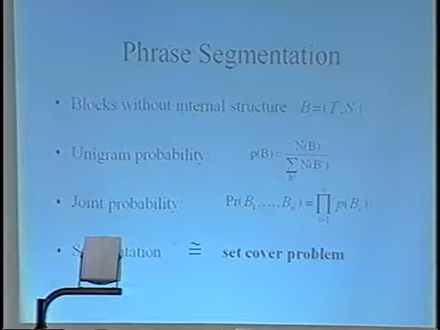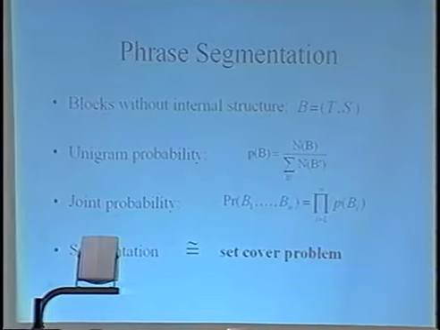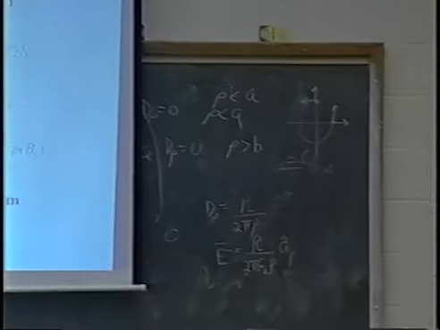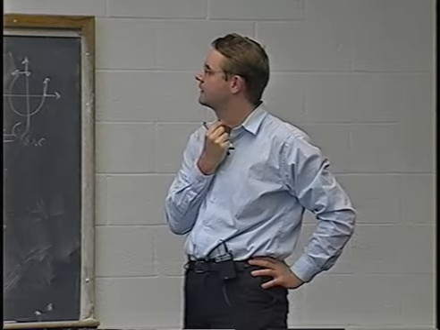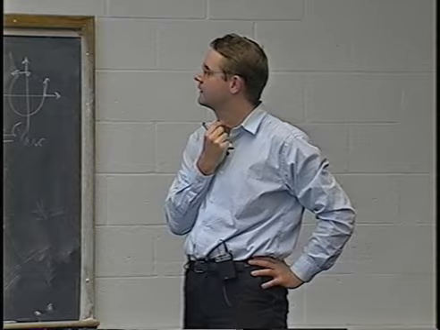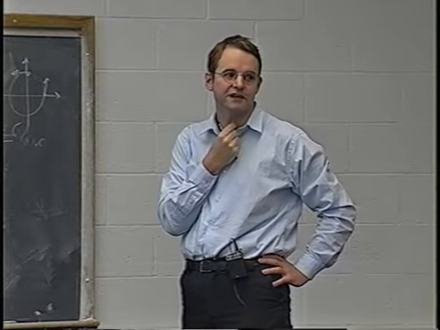Excuse me, when you have that P of B equals N of B, these are not particular blocks, they don't have words in them, is that right? They just have spaces. What is B? B is specified by what?